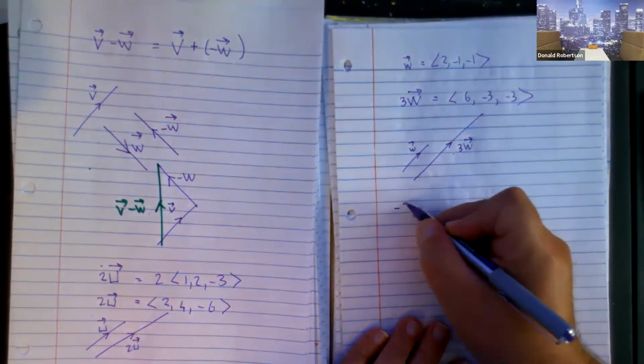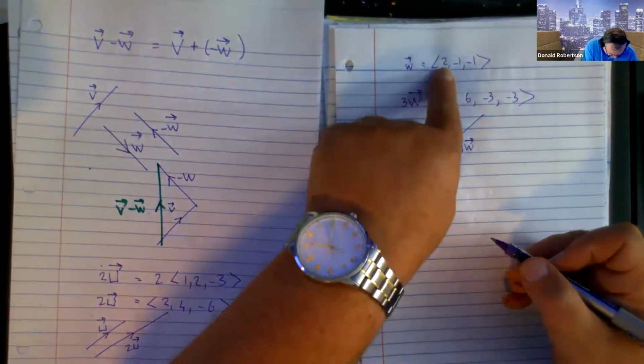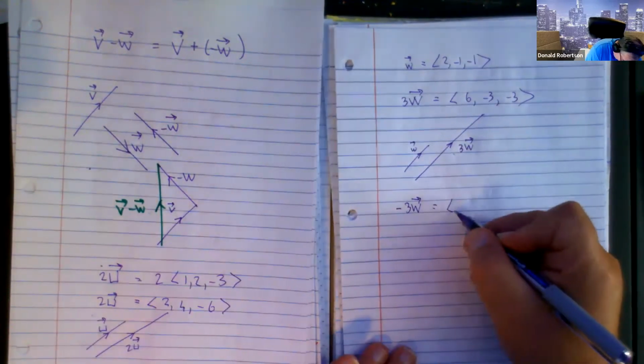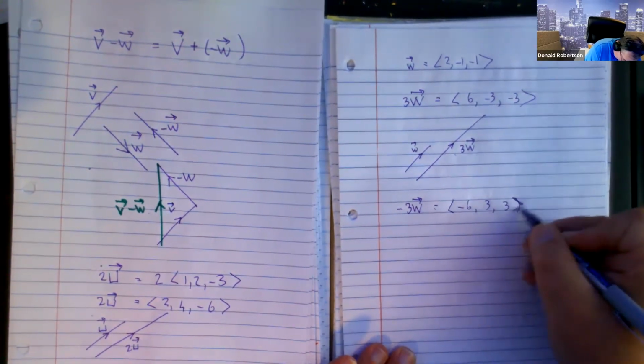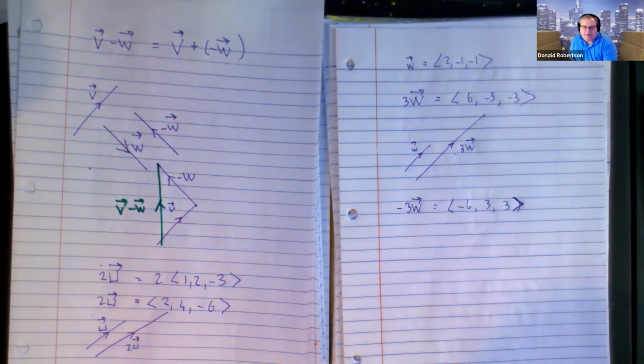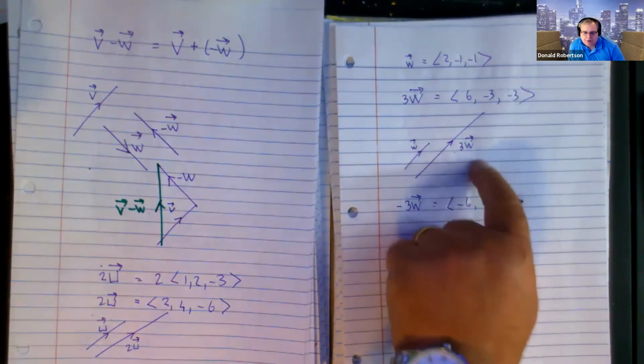But what would -3W look like? If you're doing the calculation, you just multiply all these by -3, and you get that. But what would -3W look like? If I drew it up here, what would it be?